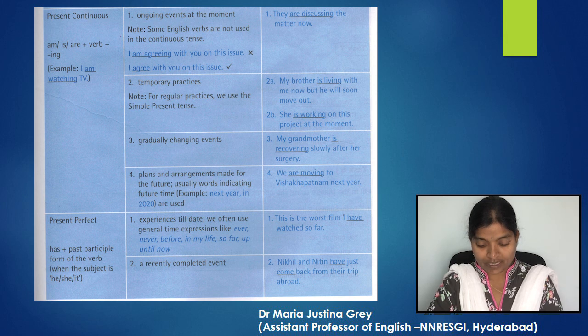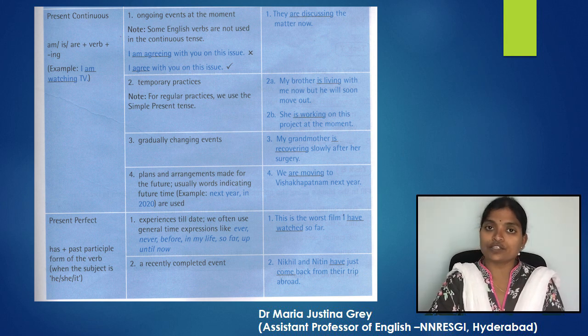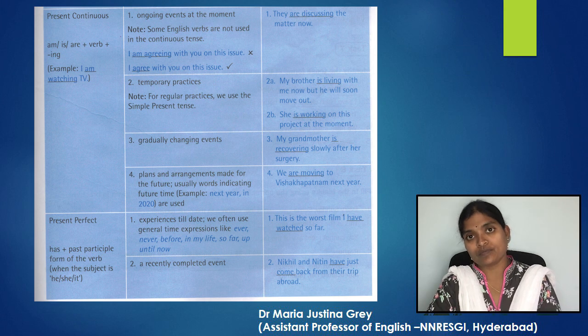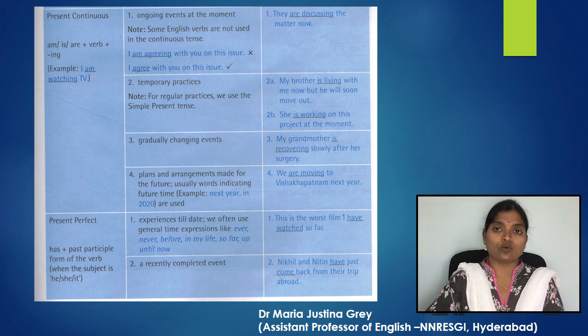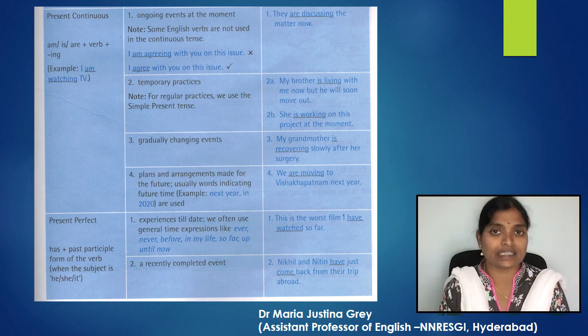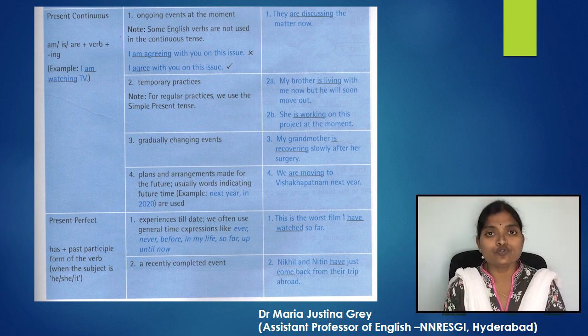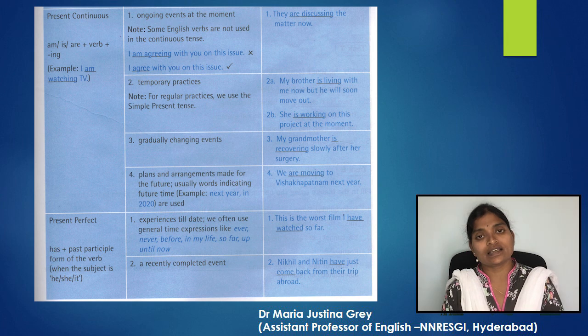For example, it is incorrect to say, I am agreeing with you on this issue. The correct sentence is, I agree with you on this issue. Now, this is so because agree is a state verb. A state verb cannot be used in the continuous tense as a verb.